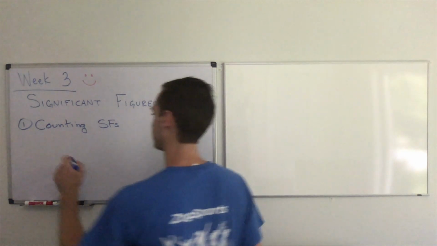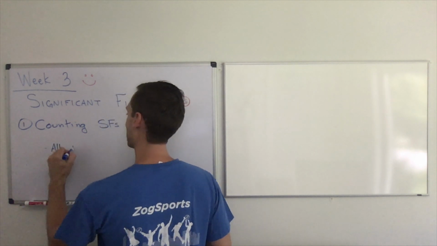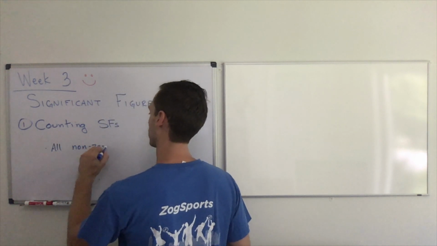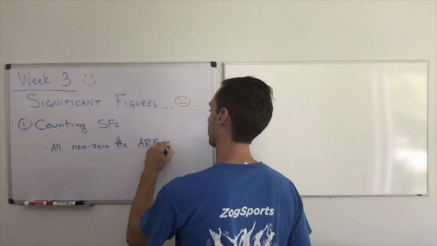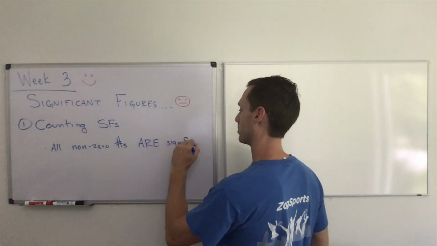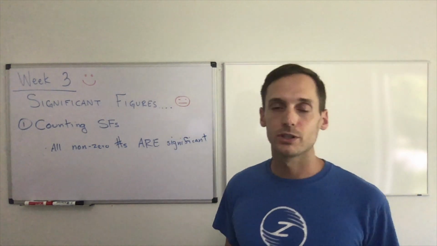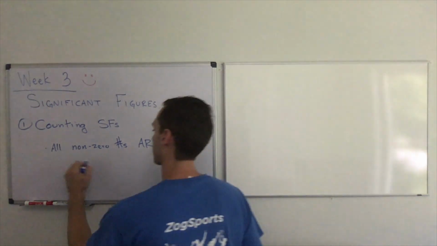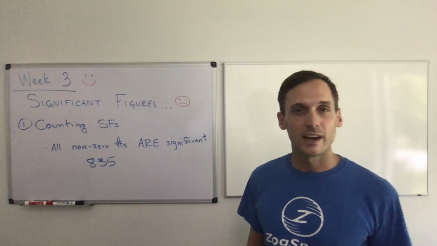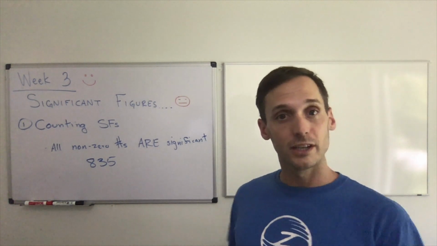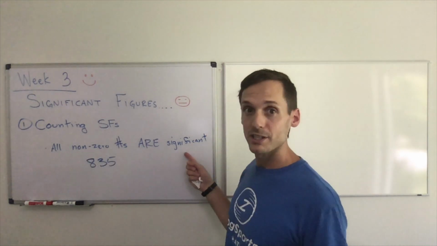But the first one is that all non-zero numbers are significant. Okay, all non-zero numbers are significant. So if we have, for example, the number 835, if I asked you how many significant figures were in that number, it would be all non-zeros are significant.